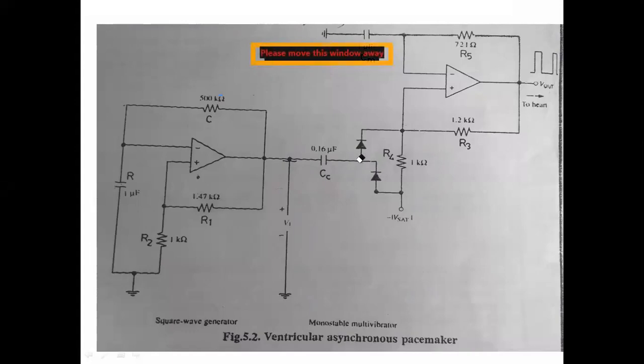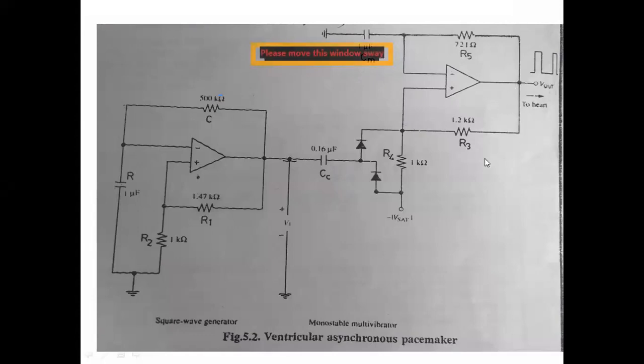For the positive pulse, the diode D1 is forward biased and the voltage appears across R4. The voltage drop across R4 is connected to the non-inverting terminal of the op amp, and from this side it will act like a differentiator.